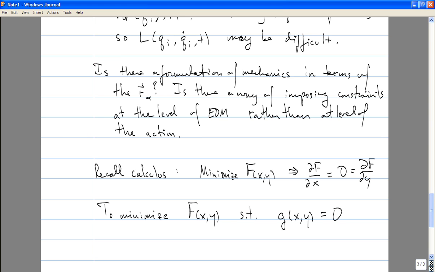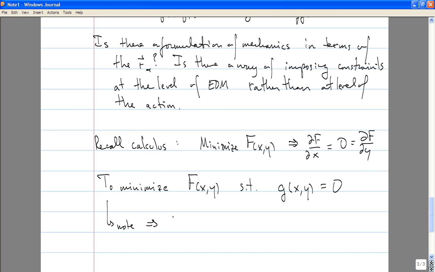So what we do is we first note that if f is minimized such that g is equal to 0, then that implies that if we take the linear combination f plus lambda g, then this will be minimized for all lambda.